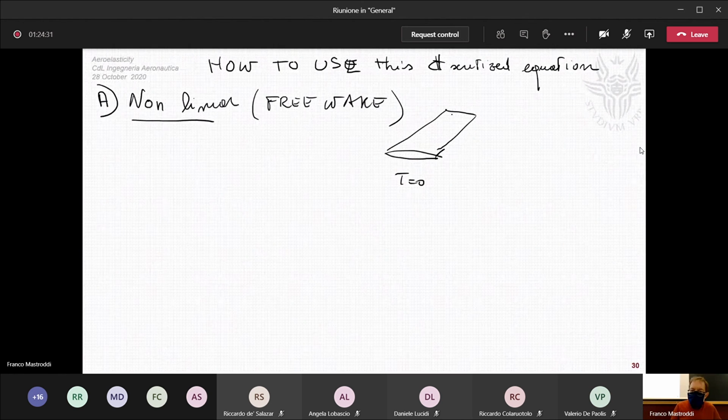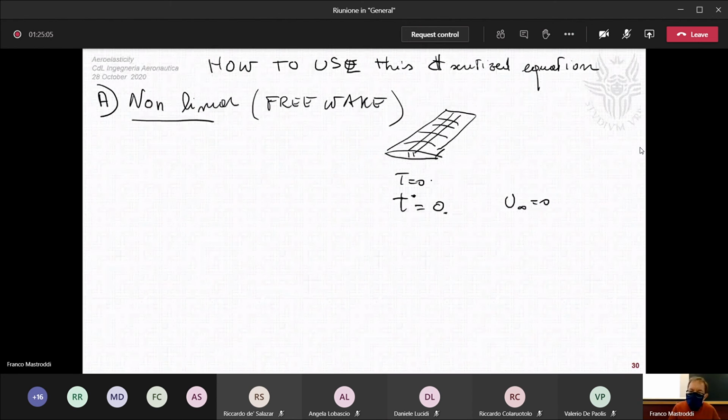And in this initial step, you have zero velocity in t equal to 0 minus, you have airflow equal to 0.